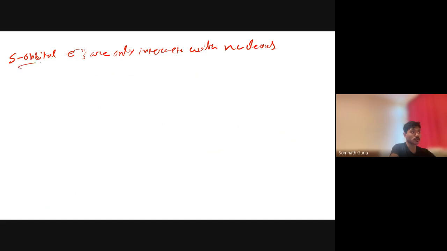And then we talk about the radial distribution function of each and every orbital. Let's suppose 1s, 2s, 2p, and 3s, 3p, 3d. So for the 1s orbital, we have psi 0 square we are talking about, and this is the distance r from the nucleus.